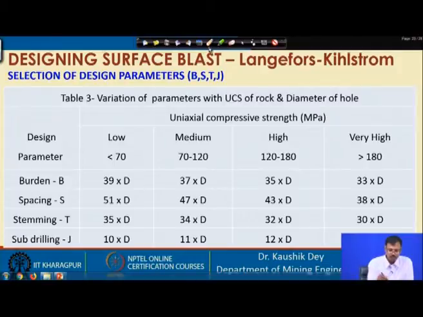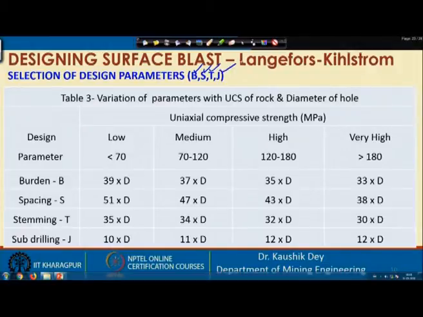So, you can see the burden, spacing, stemming and subdrilling as a function of the diameter of the blast hole for different compressive strength of the rock expressed in megapascal, and that is categorized as low strength rock, medium strength rock, high strength rock, very high strength rock.